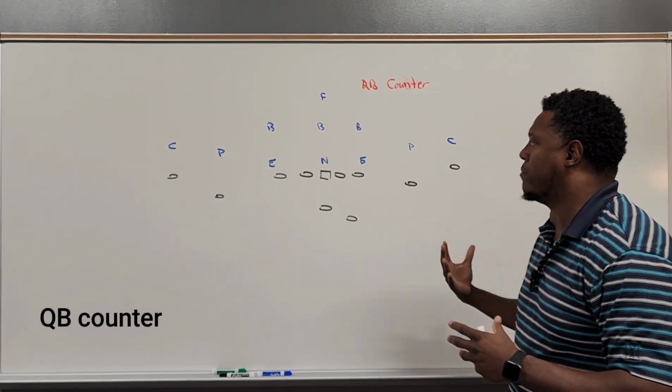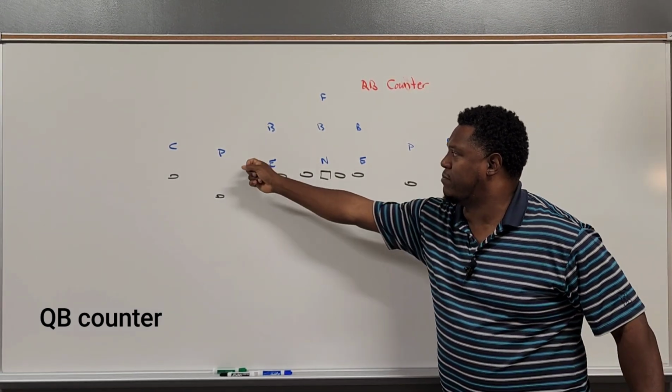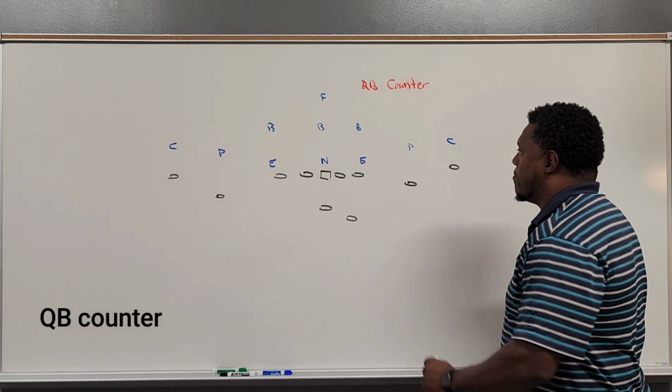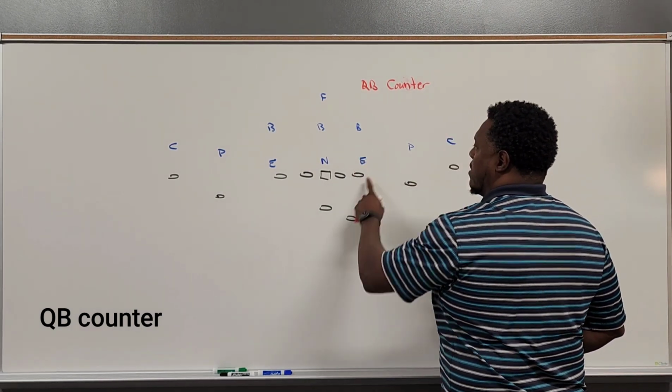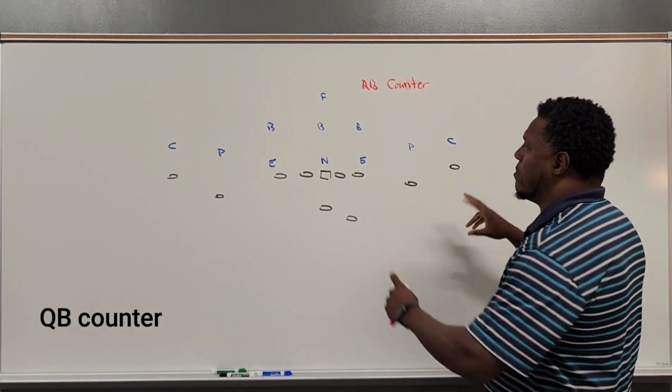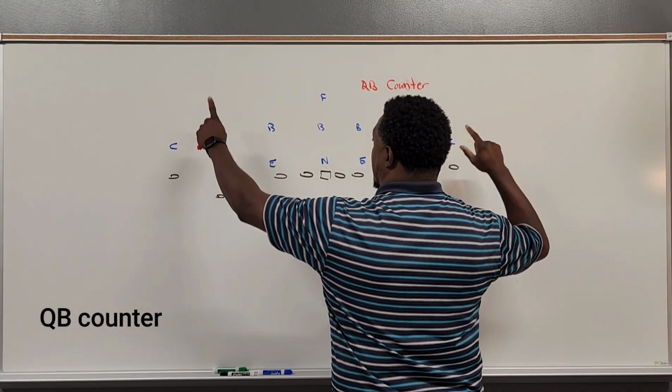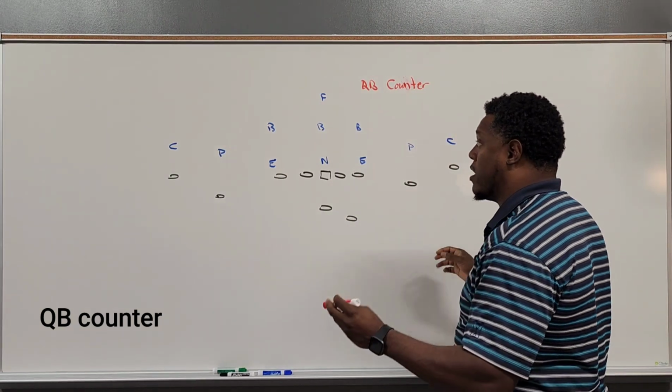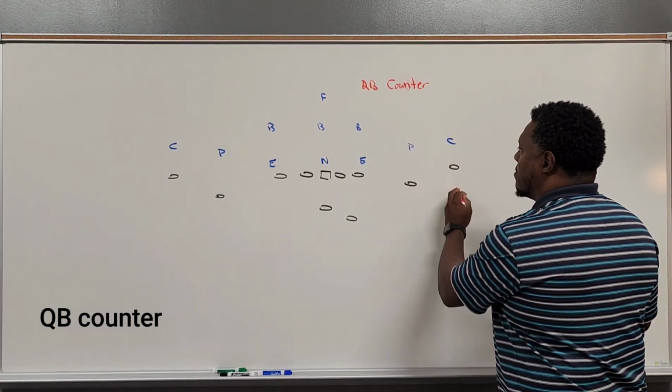The reason we want to keep the ponies away from the box is because these ponies are really good at making plays when the ball is spilled to them. So we're going to keep them occupied in the pass game by running some type of concept out here.